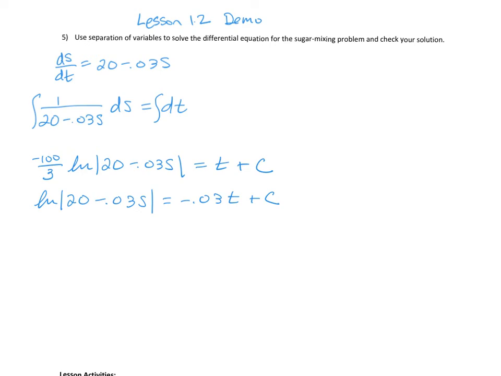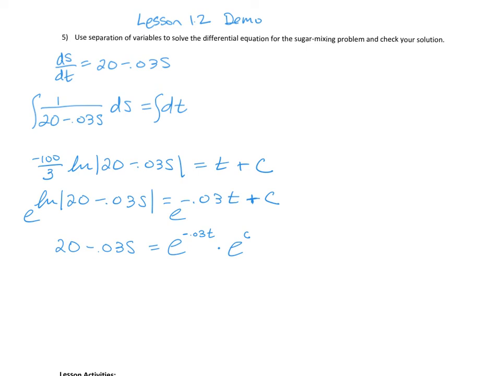Okay, so now I just need to get the s by itself. To undo the logarithm, I'm going to raise e to both sides. So e to the ln of some stuff is the stuff. And I'm going to rewrite this as e to the negative 0.03t times e to the c, because when you're adding exponents, that's multiplying like bases.